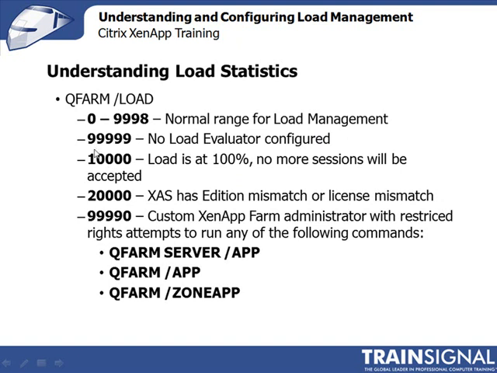Now if you have five nines, it basically means that there's no load evaluator configured on this particular server, and that could give you a hint that maybe you should configure something for this server. 10,000 means that the load is at 100%. This is important because sometimes you are troubleshooting something and your server isn't accepting user logons. And I've seen this many times with Citrix.